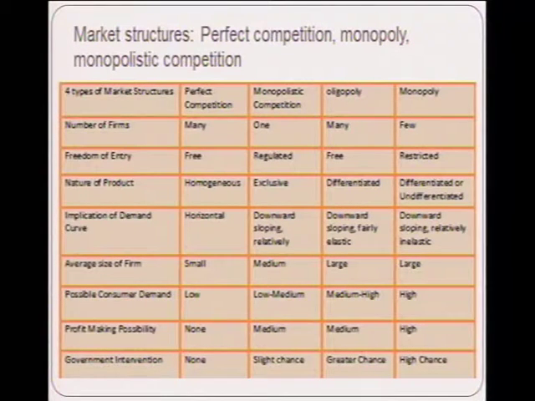And what do we mean by a horizontal demand curve? It means at that price, your firm can sell unlimited quantity at that particular price because it's a perfect market. The firm is basically small, consumer demand is low, and this table is a snapshot of the kinds of market structures we can have in an economy.